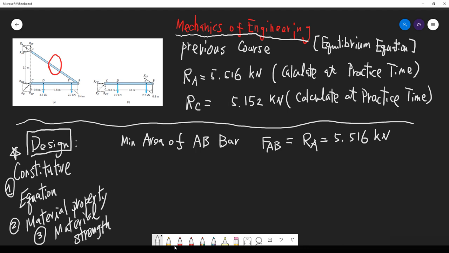So in this case, we need to calculate the minimum area. The minimum area is equal to, according to what we discussed before, the force at the bar divided by what we call allowable stress.